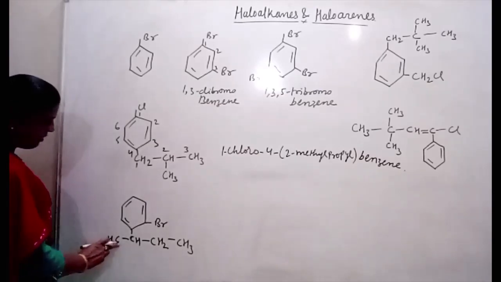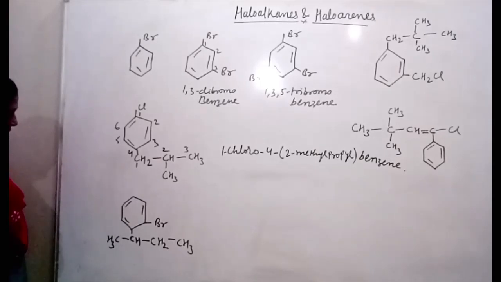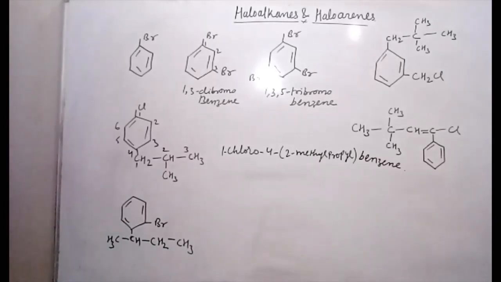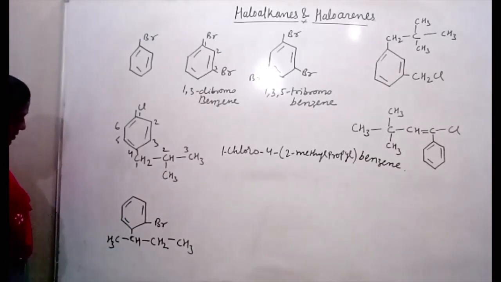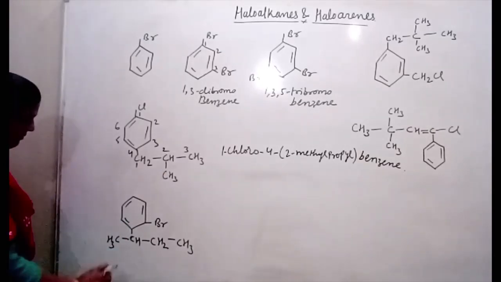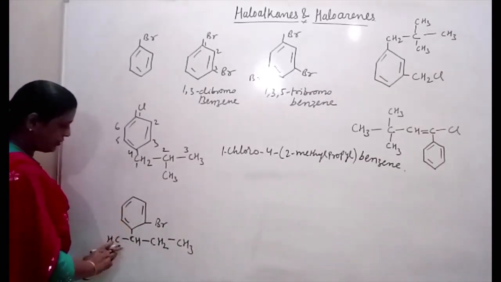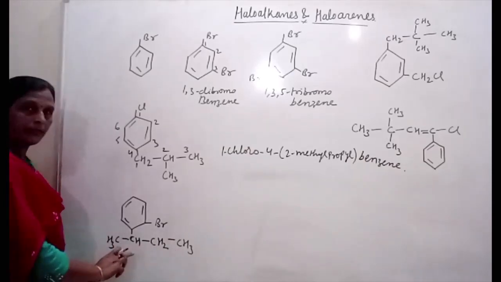Move on to the next compound. Next compound is 1, 2, 3, 4. Here is a 6-membered ring attached to this carbon atom, and this side chain has only 4 carbon atoms.